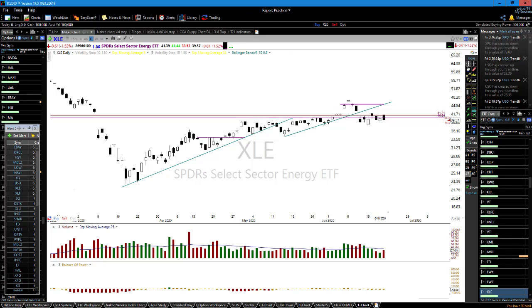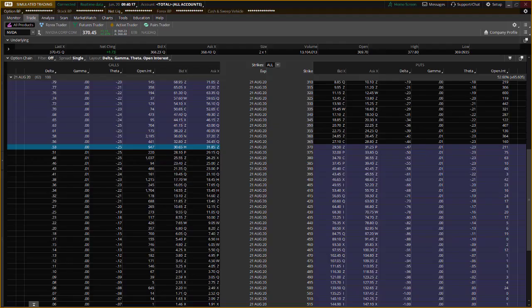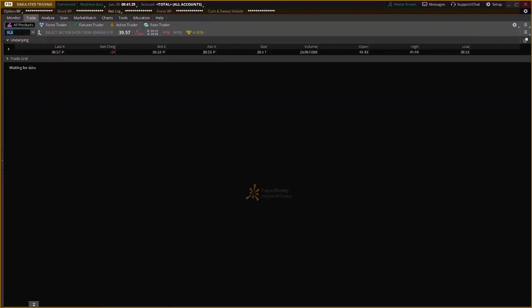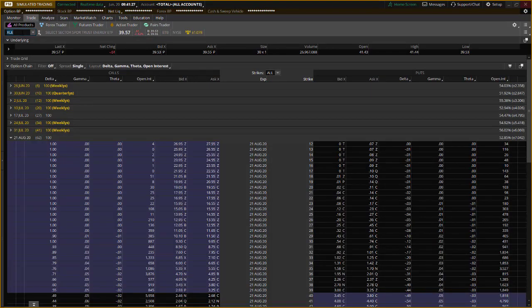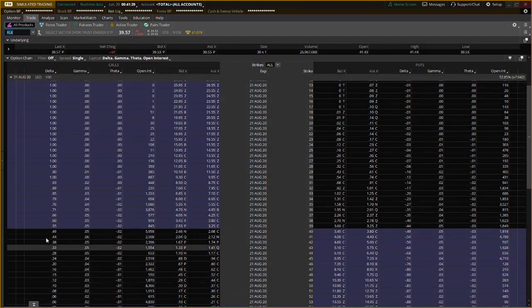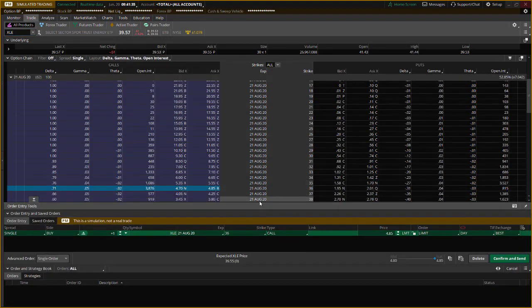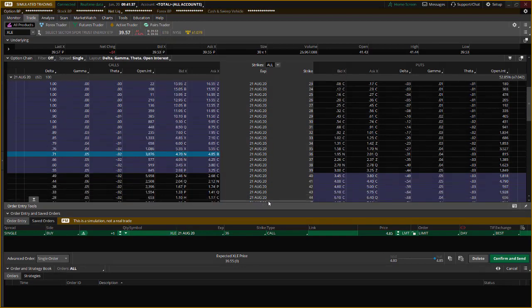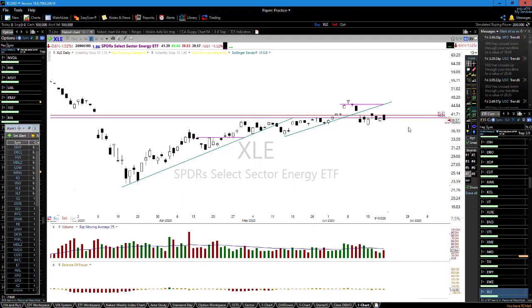Well, what I would tend to do on a trade like that is I want a good quality entry signal for a trade. And then I'm going to go out here about 60 days and I'm going to look for a good strong option and I'm going to buy that option.